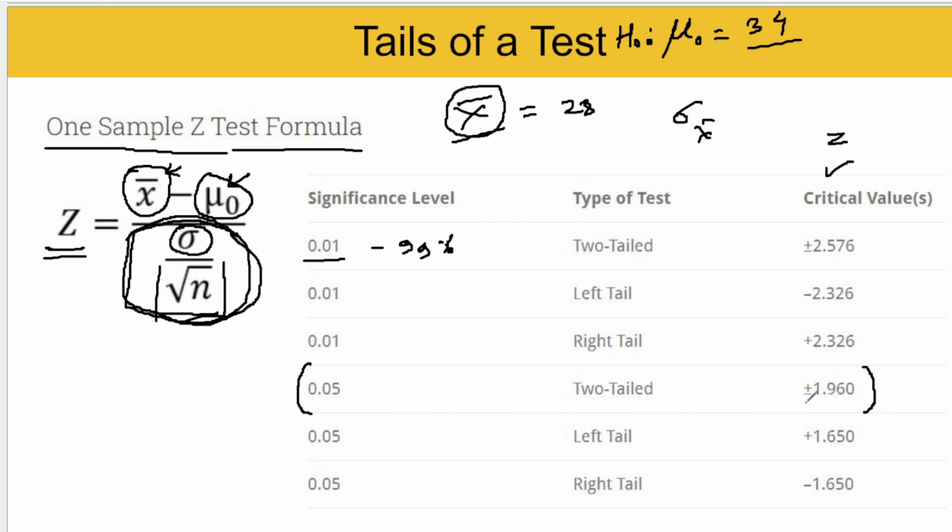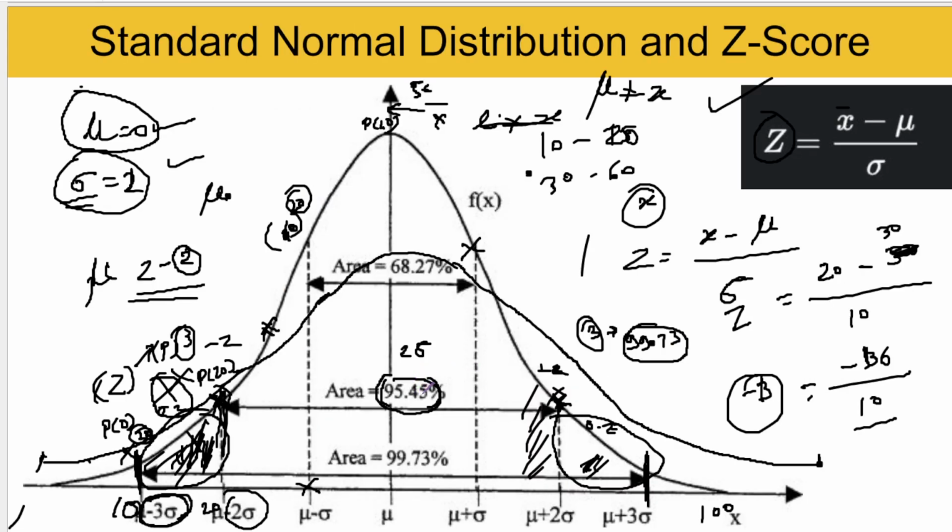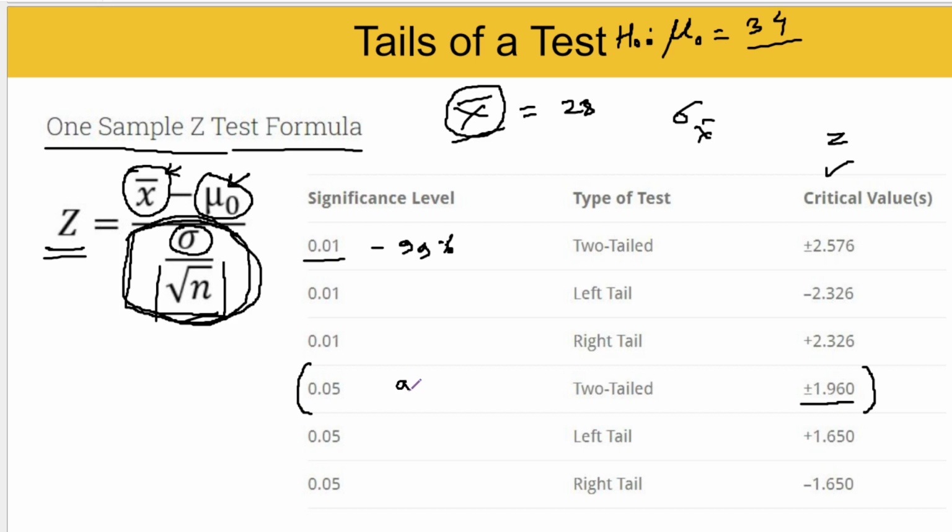Here you can check it is 1.960. Why is it 1.960? Because this is 95.45% here, and it is only 95% here. So for 95% data accuracy, you will have a Z score of plus or minus 1.96. So I calculate this Z statistic by plugging in the values.